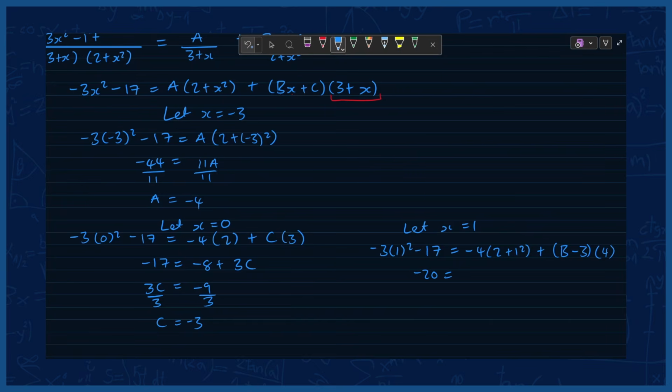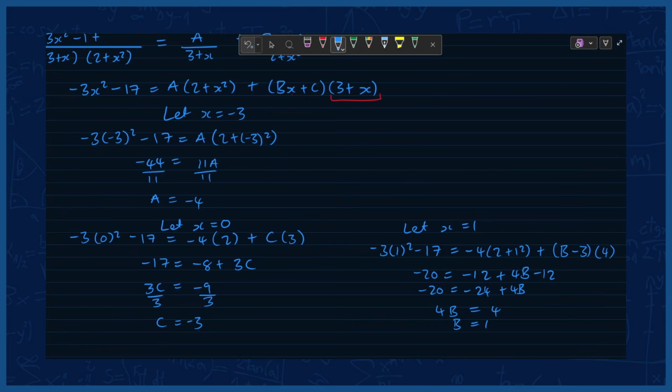And this is equal to 2 plus 1, 3, times negative 4, negative 12. Then here I have 4b minus 12. And that's negative 20 is equal to negative 24 plus 4b. And so I get that 4b is equal to 24 minus 20, which is 4. So b has to be 1.